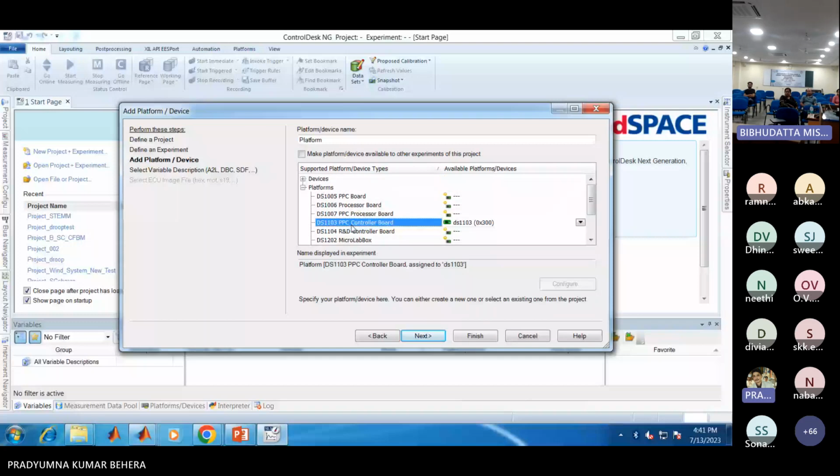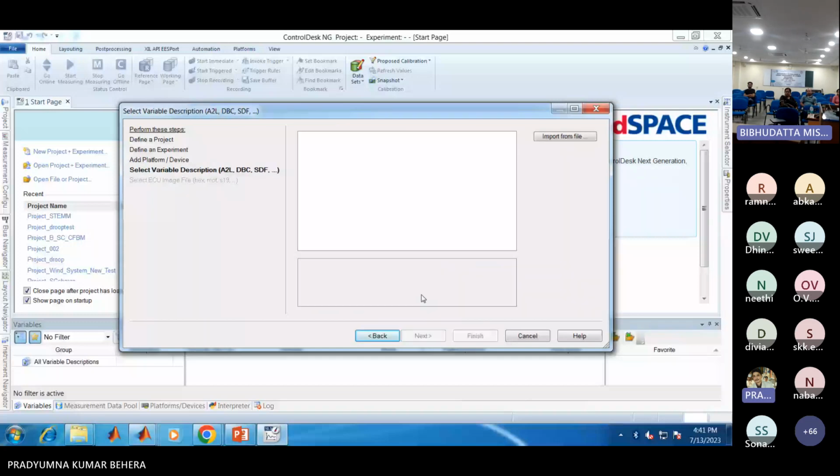Here, I have to import the SDF file. After the build process completes successfully, dSPACE ControlDesk will generate an SDF file that will be stored in the folder in the root directory.